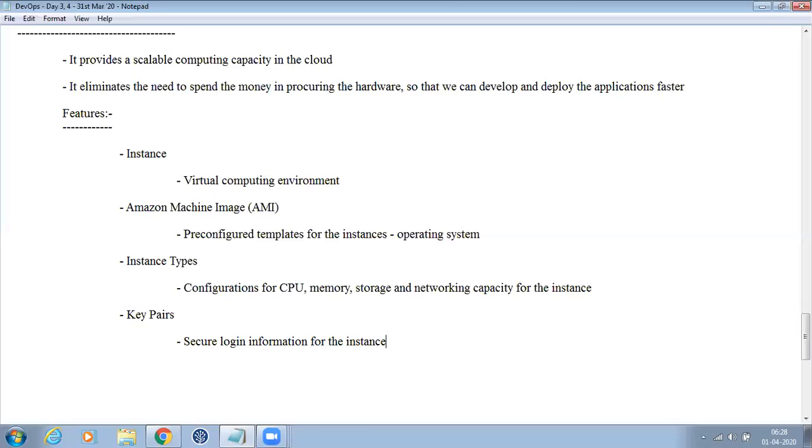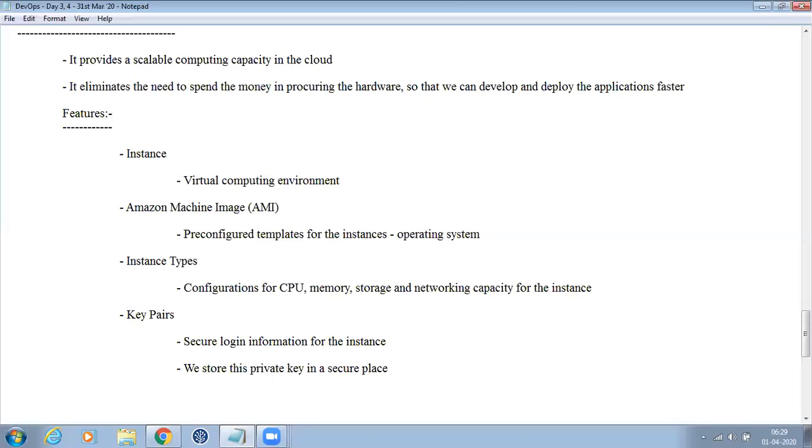So this is one like your password file, and we store this, what is called the private key, in a secured place. Correct? Why do we have to save this?